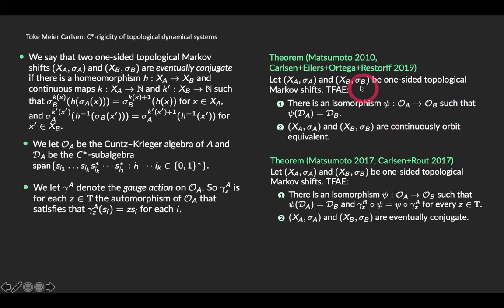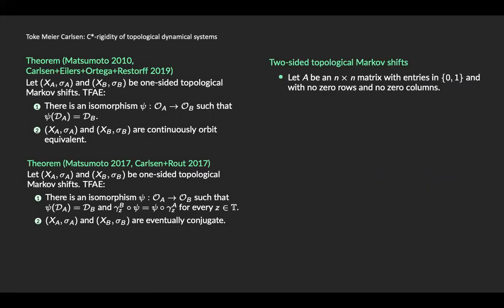So these are results about the one-sided topological Markov shift. We also have similar results about two-sided topological Markov shifts. Again, I start with an n by n matrix with entries in {0,1}, no zero rows and no zero columns.